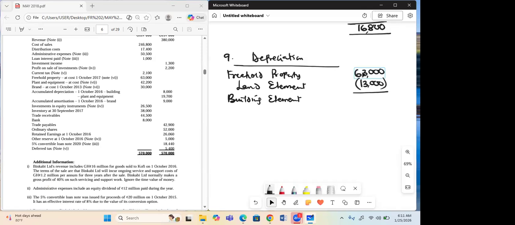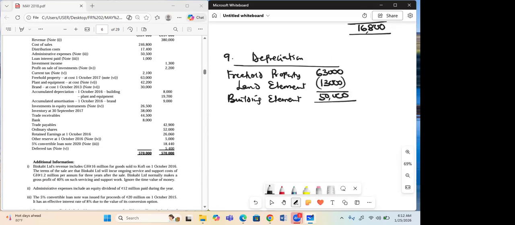Let me bring this here a bit because I'll total them. The whole property is 63,000, right? When we take the land element out, the building element becomes 50,000.